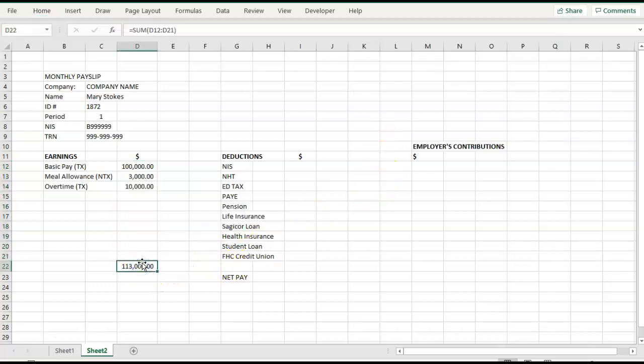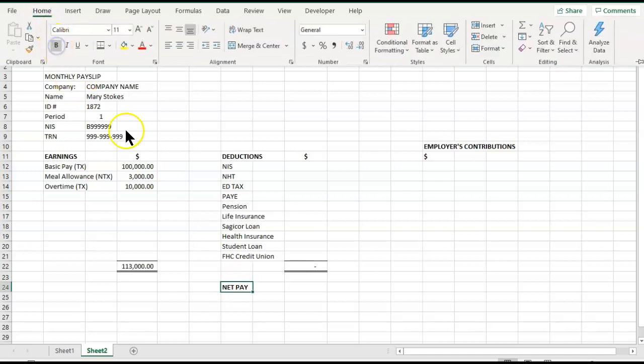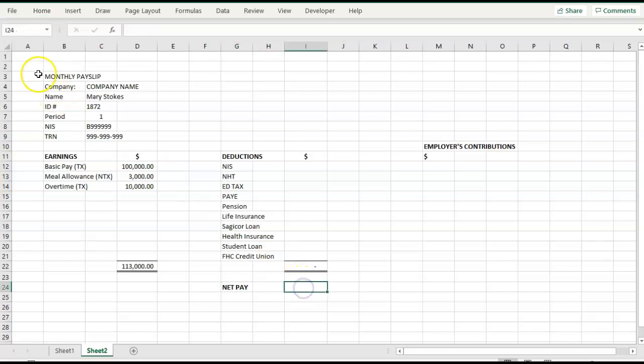Now I'm going to copy and paste the total formula, and I'm going to create the calculations for the net pay. I'm going to put it in this box.